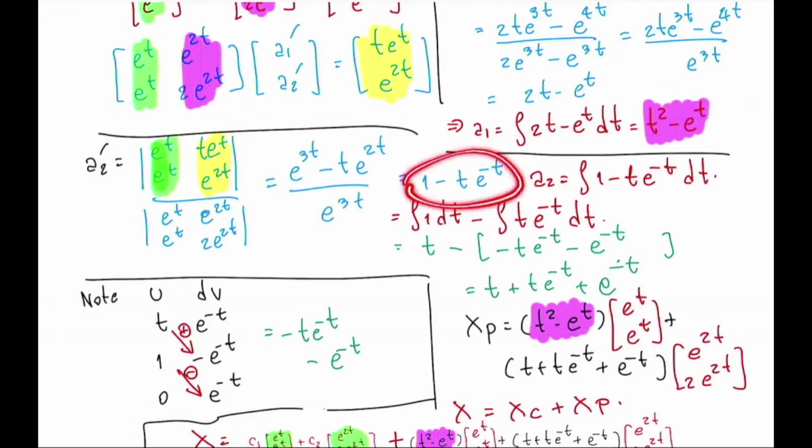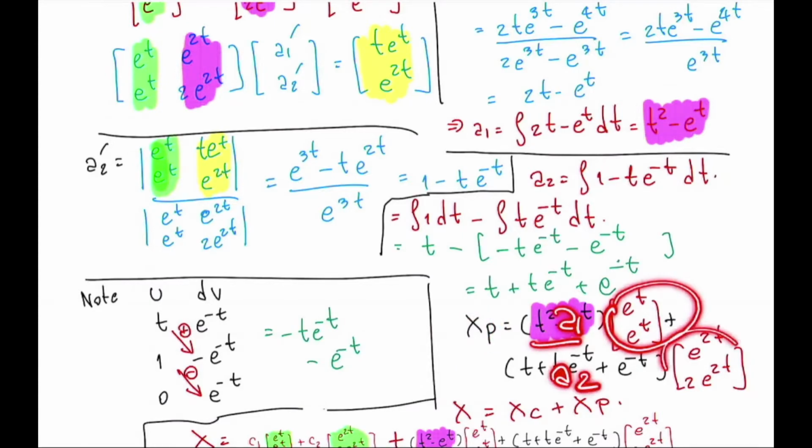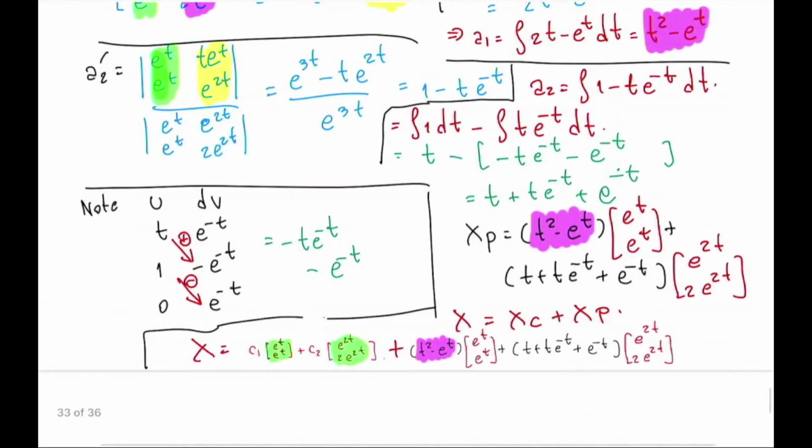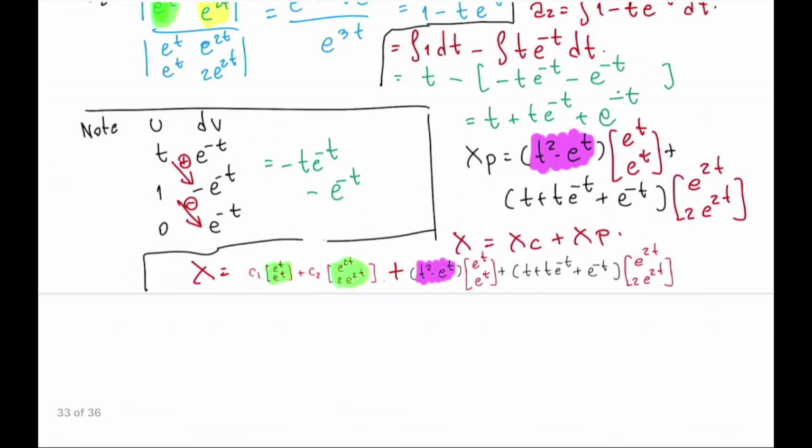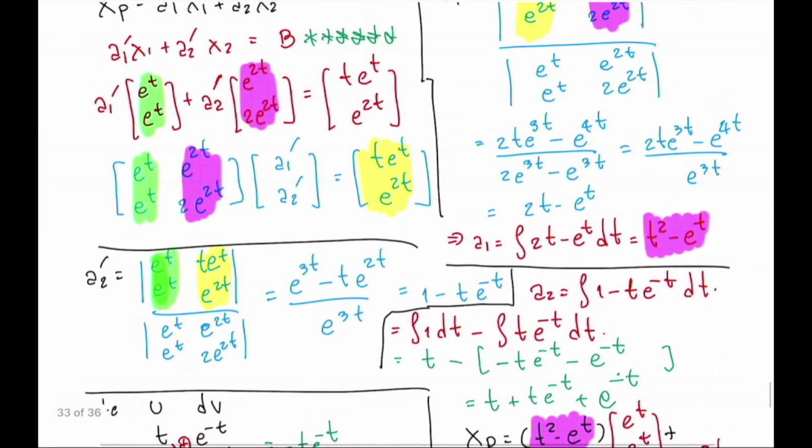Let me split that here so that you won't get confused. This you need to do integration by parts, and then you get xp, which is a1 x1 plus a2 x2. Okay, and your solution is just xc plus xp, and you just write everything down, and that's it.